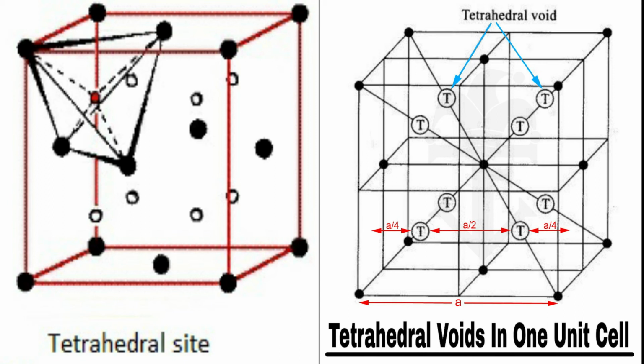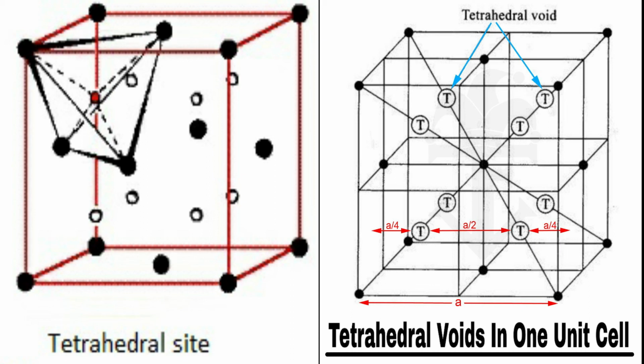Total number of atoms in FCC is 4. Total number of octahedral voids is 4. Total number of tetrahedral voids is 8. So what is the relationship between octahedral voids and tetrahedral voids? Tetrahedral voids are double that of the octahedral voids.